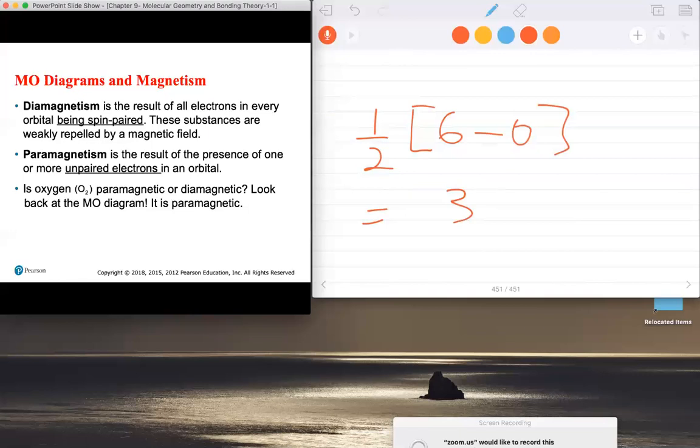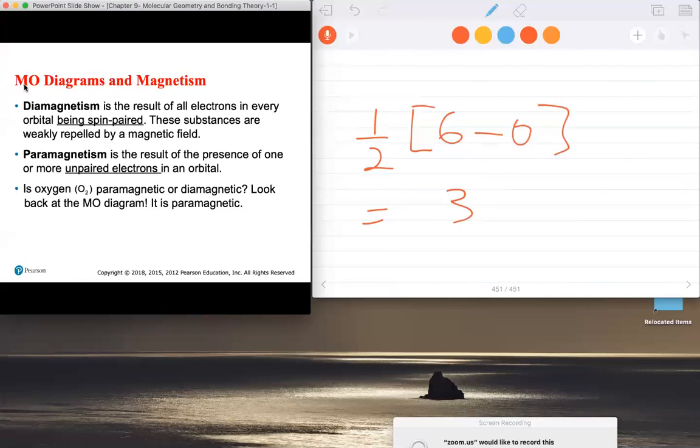Paramagnetic has unpaired electrons, while diamagnetic has all electrons in the molecular orbital diagram paired. A paramagnetic molecule has unpaired electrons.